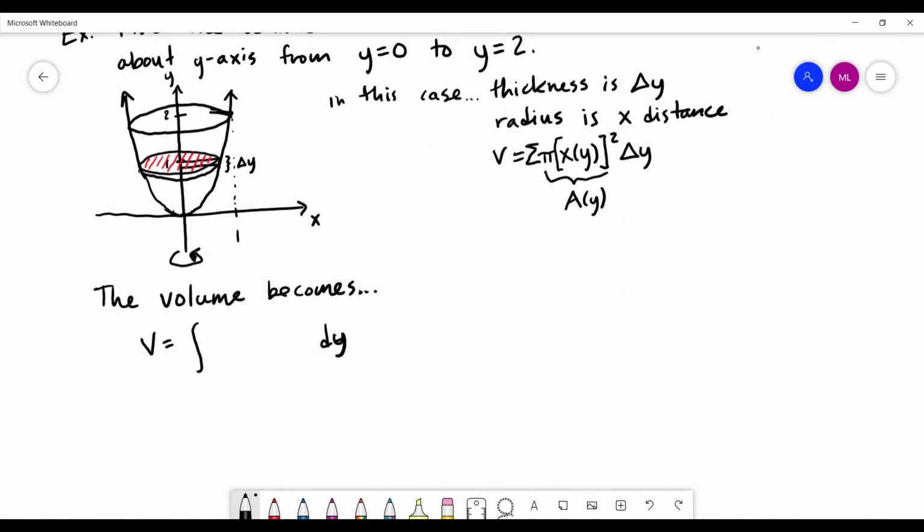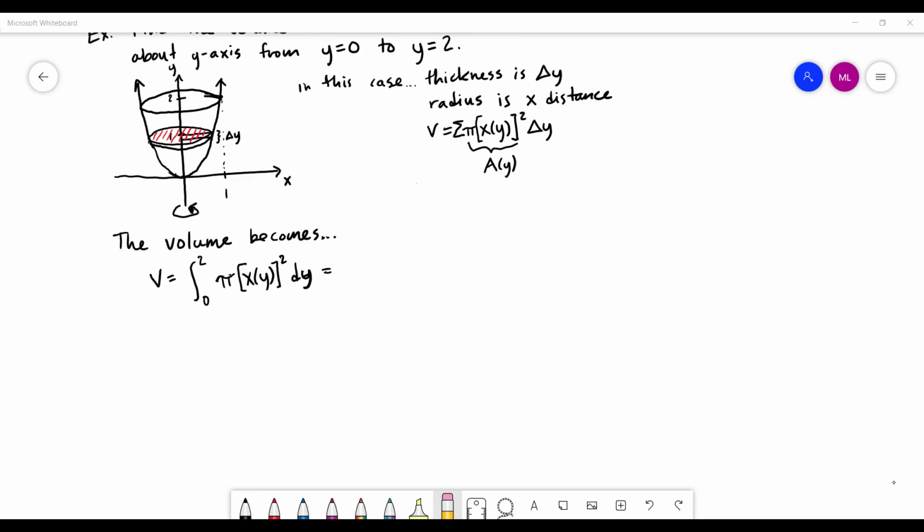So we're going to have pi times the radius squared, but the radius is x of y, squared. And the bounds in the y direction that we're integrating from are from the origin 0 up to a height of 2 as the top. So from 0 up to 2. Again, these bounds need to go with whatever variable we're integrating with respect to. They're bounds in the y direction.